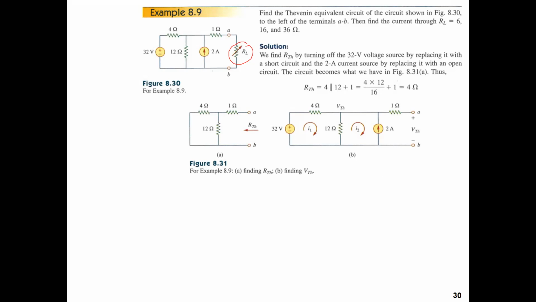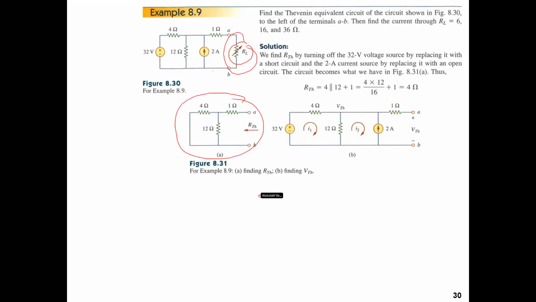Okay, so here in this case, we have a voltage source and a current source. So when we determine R Thevenin, we must remove both of them, but we have to short circuit the two terminals of the voltage source and open circuit the two terminals of the current source. So to do that, first we need to remove RL, and then we need to find RTH.